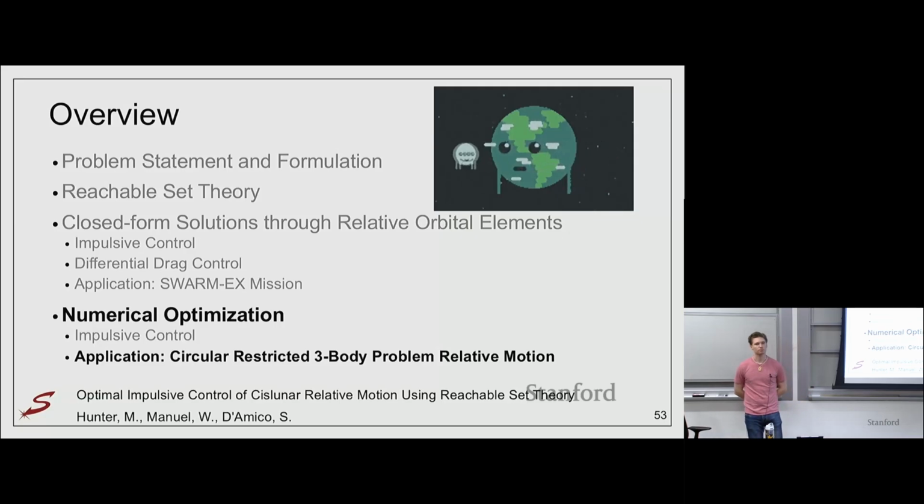If you notice, when we show the reachable sets for the relative eccentricity and relative inclination vectors, they complete a full circle because maneuvers can occur at any time during the orbit. But if your reconfiguration time interval was, for example, half an orbit, then it's only a fraction of that reachable set. And so you will have to resolve the problem analytically, because now you have a different shape for your reachable set. So that's the drawback of the closed form solution.